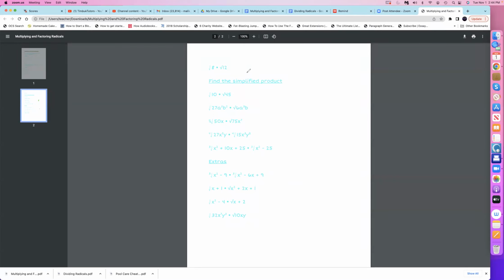So square root of 8 times square root of 12, 8 times 12 is the square root of 96. And I know that this 96 equals 8 times 12 because I just had that. Instead of 8, I can write 2 times 2 times 2. And instead of 12, I can write 4 times 3.